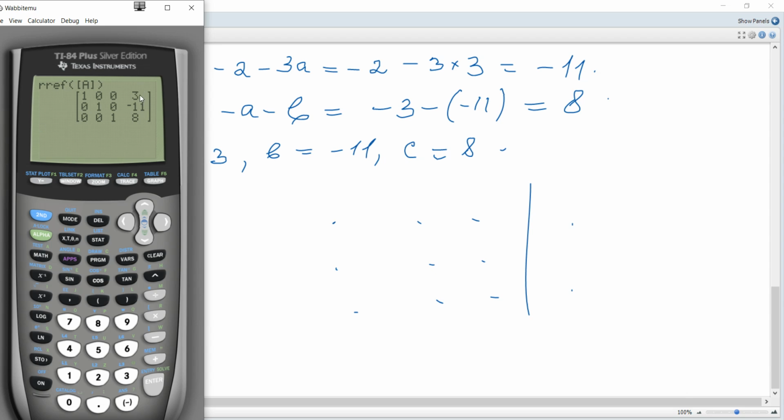So you can see a is 3, b is negative 11, and c is 8, and that's all for this question.